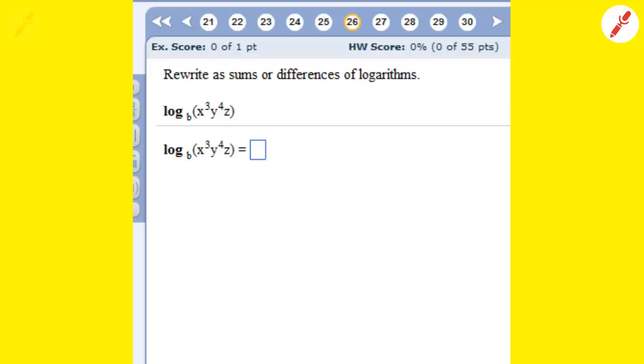All right, now we're going to get down to business on some of this stuff. All right, I have a product here. I have log base b of parentheses x to the 3rd, y to the 4th, z. So this is what we do.